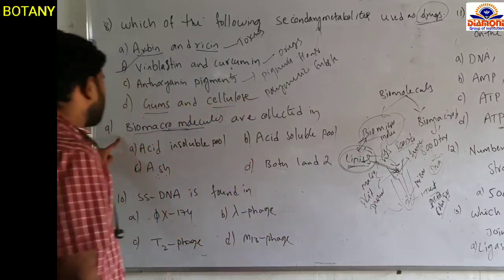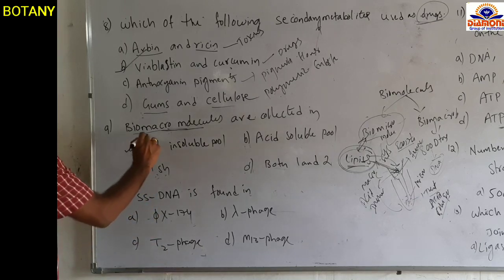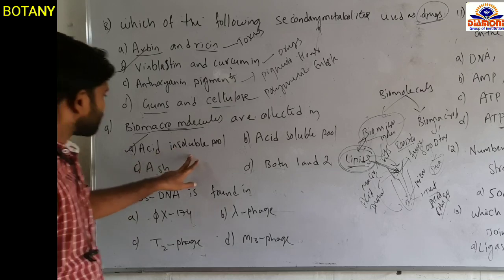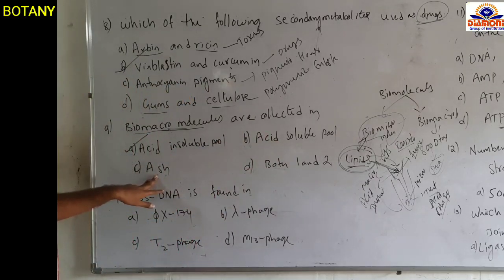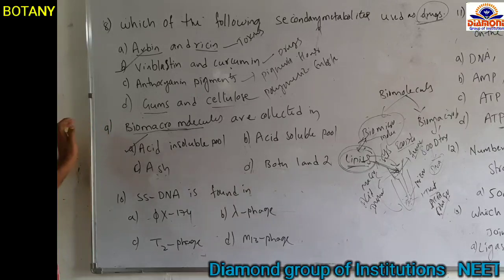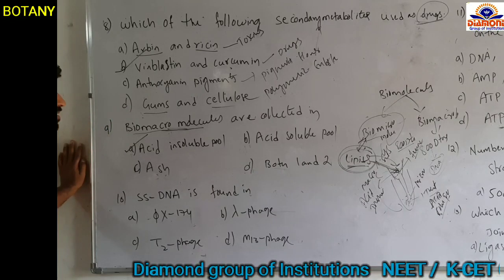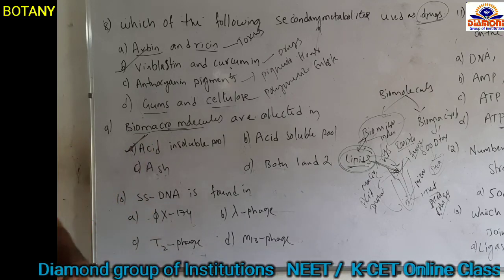Biomacromolecules are present in the acid insoluble fraction, that is in the funnel. The fractions are acid insoluble fraction, acid soluble fraction, and ash. Ash means that by boiling these biomolecules or living organisms, they turn into a black colored structure, and that is what we call ash.